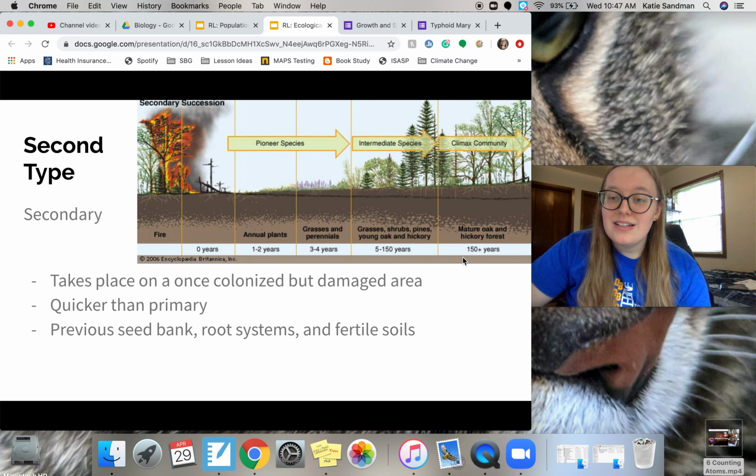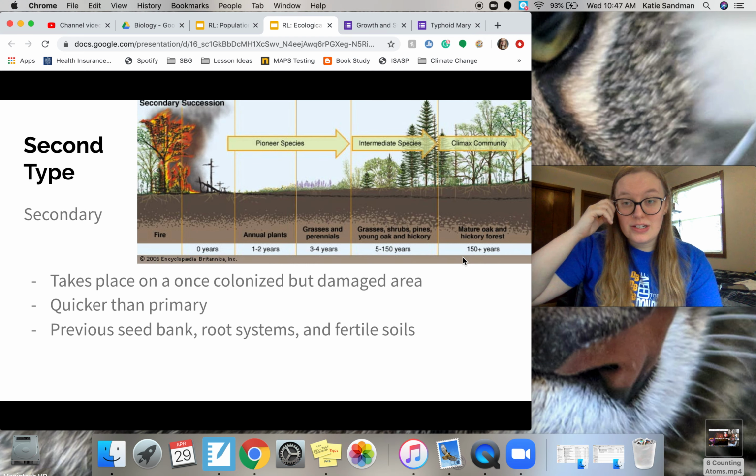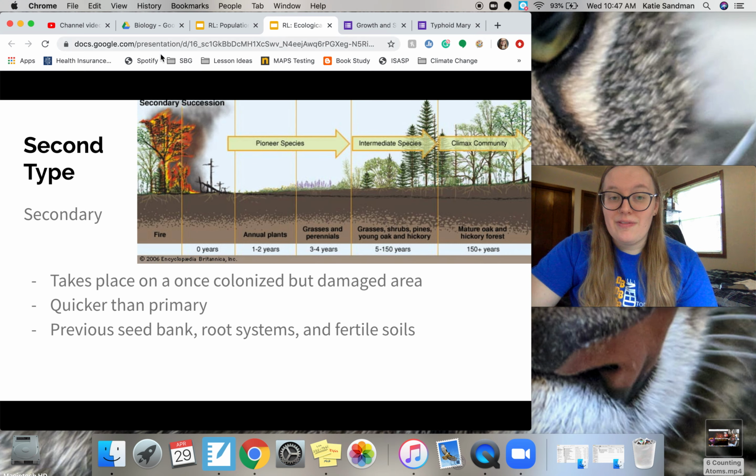Our next type is called secondary succession. This takes place in a once colonized area, but it got damaged. So there are actually some areas of trees that depend on secondary succession in order to regrow its population. So let's say we have like a forest fire here.